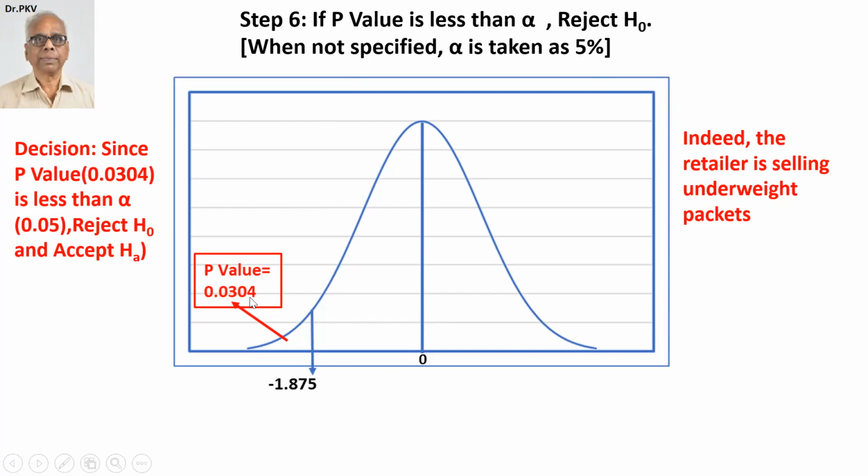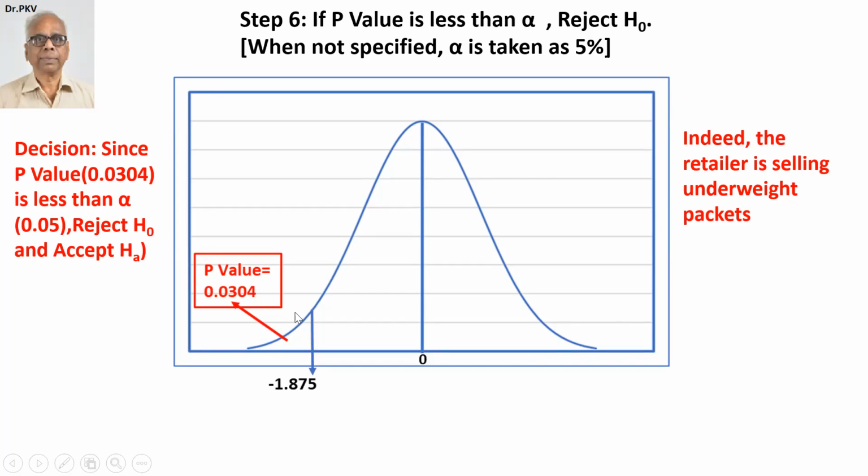In this case, since the p-value 0.0304 is less than 0.05, we reject the null hypothesis and accept the alternative. The null hypothesis, mu is equal to 250, the status quo, is rejected. The alternative, mu less than 250, is accepted, and therefore we infer the retailer is selling underweight packets. So you need to investigate.